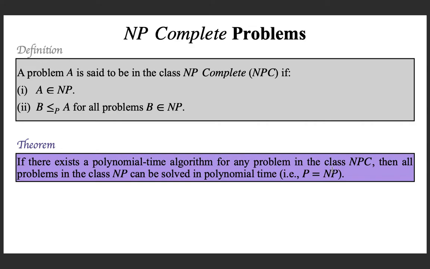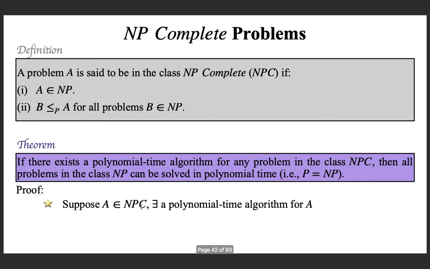And that is the nice property of these NP complete problems. That is, if you can find a deterministic polynomial time algorithm for any of the NP complete problems, then P is equal to NP. We can prove the theorem. Suppose A is an NP complete problem and there exists a polynomial time algorithm for A.